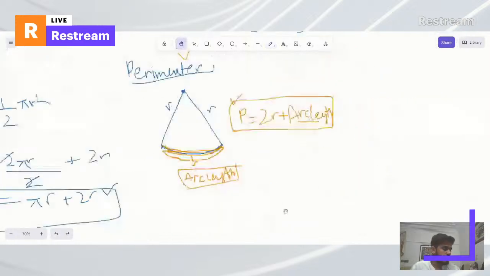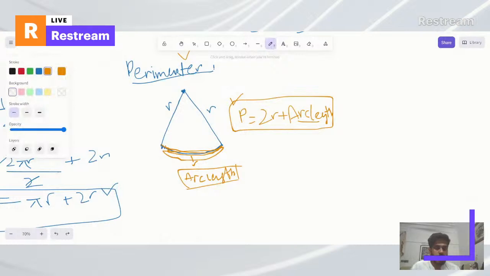Okay, somebody answered me right about perimeter. Now I need an answer for arc length as well. If I have to find out the length of the arc, how am I going to do that? It's a pretty simple formula, exactly the same.